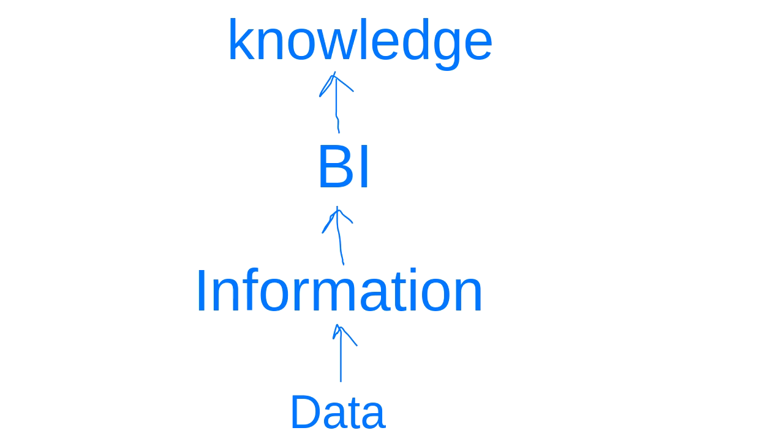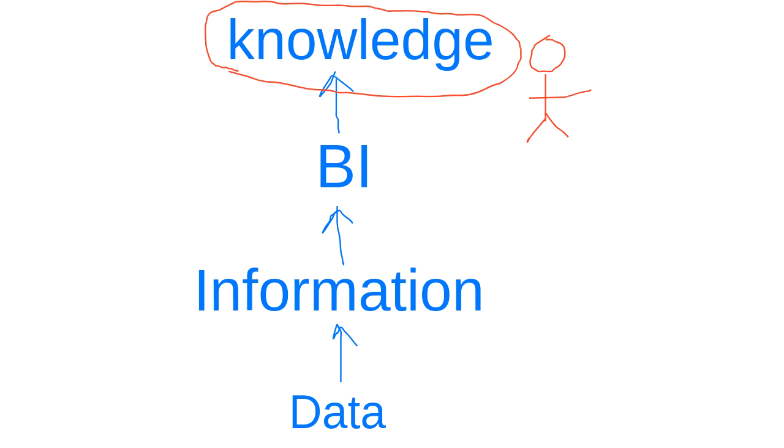So knowledge is the skills, experience, and expertise, isn't it? Knowledge is somewhere beyond business intelligence. So business intelligence can be generated from a system, but knowledge belongs to a person. When it comes to knowledge, it's a property, a feature, a characteristic of people.